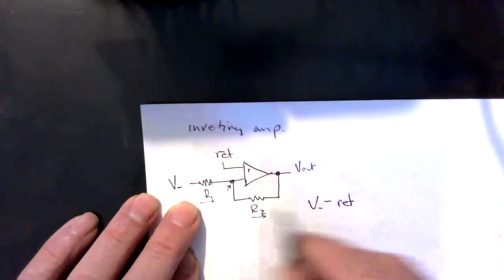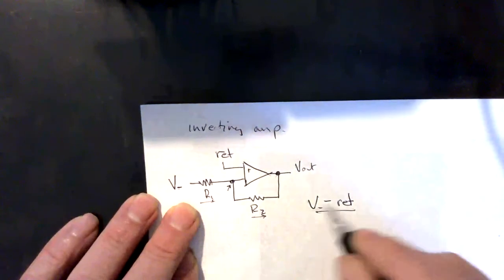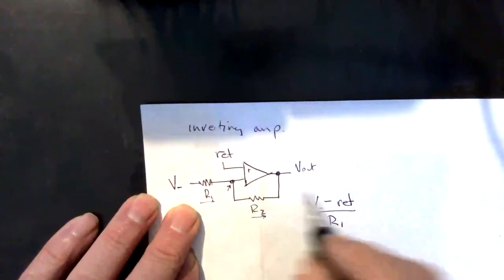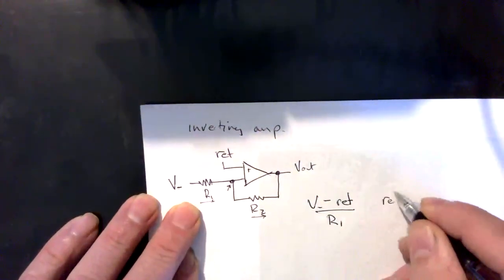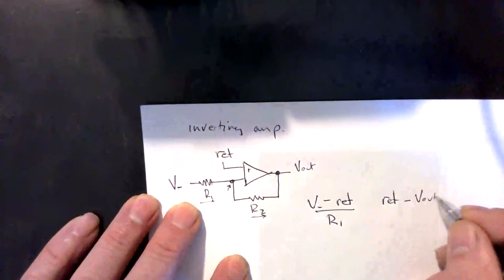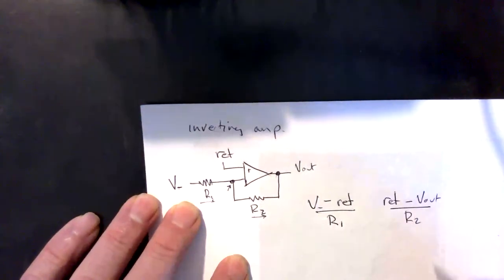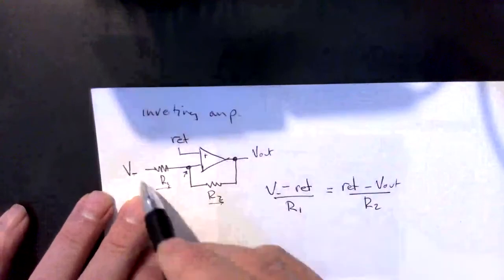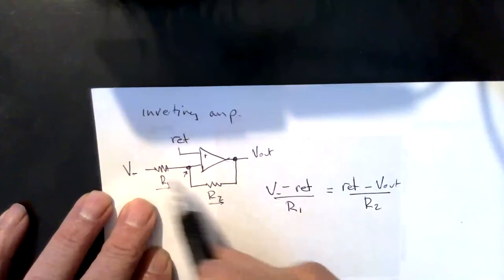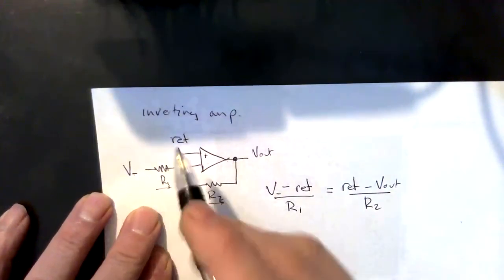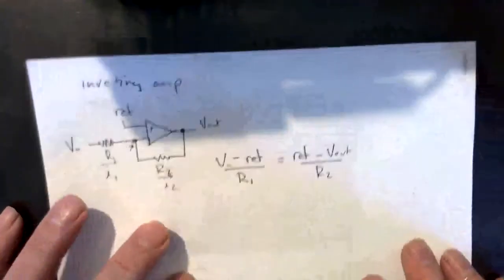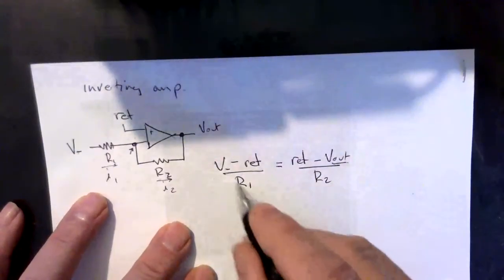The current that flows through R1 is V over R1, and the current that flows through R2 is the reference voltage minus V out, divided by R2. Okay, so these two things are equal, because you don't pass any current through the input pins here, so the current I1 is equal to the current I2. And that means that you can calculate the output based on an input.